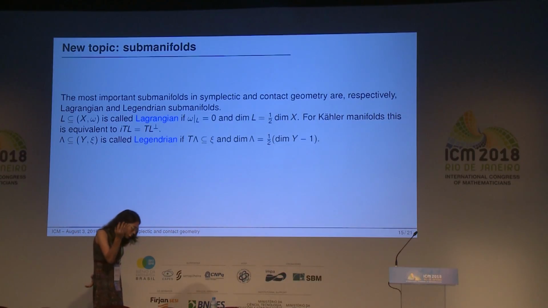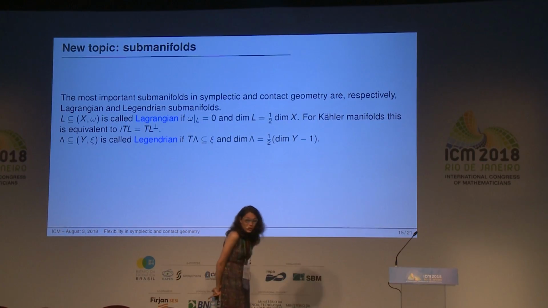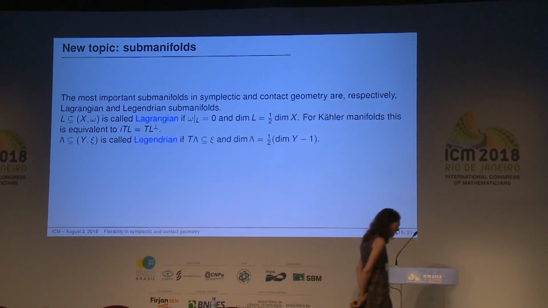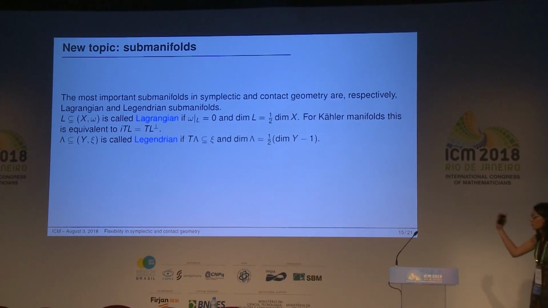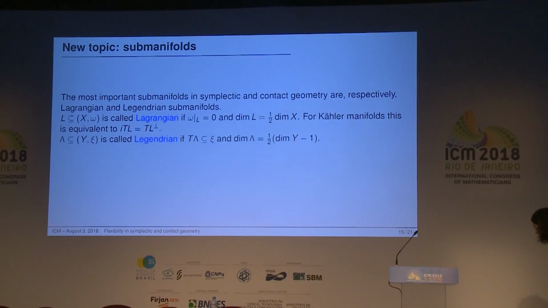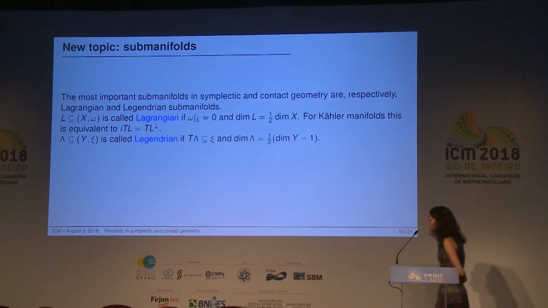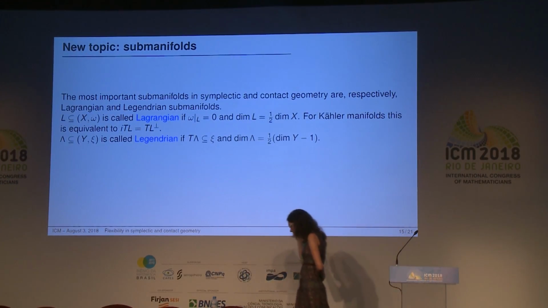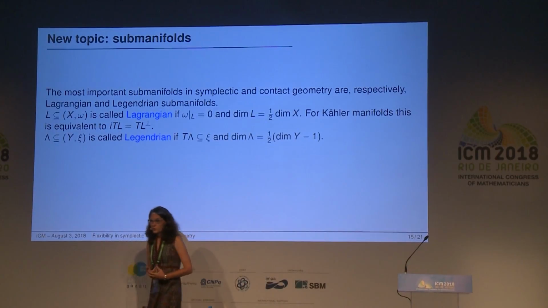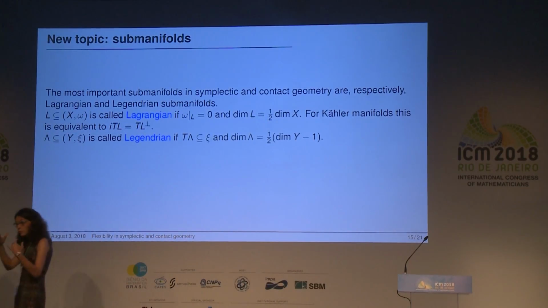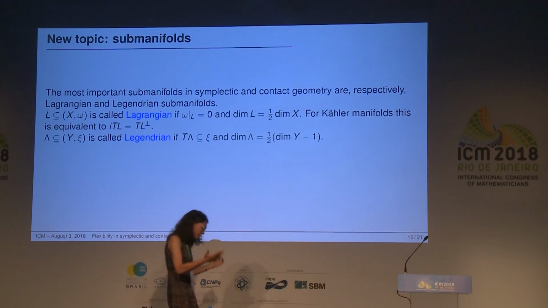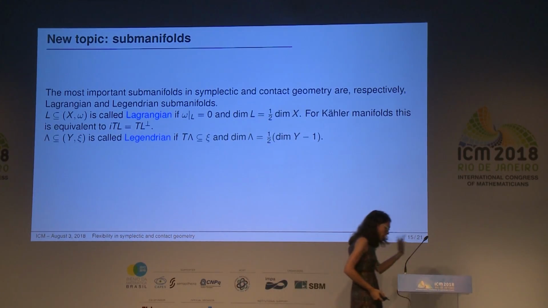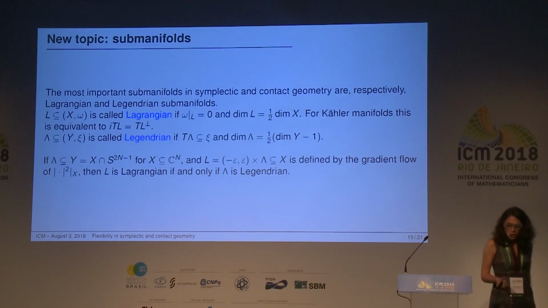And now the corresponding contact concept is Legendrian manifolds. And those are maximal dimensional submanifolds which are tangent to the contact structure. And just as contact and symplectic manifolds relate in terms of thinking of contact manifolds as hypersurfaces in symplectic manifolds, Legendrians and Lagrangians correspond in this way.